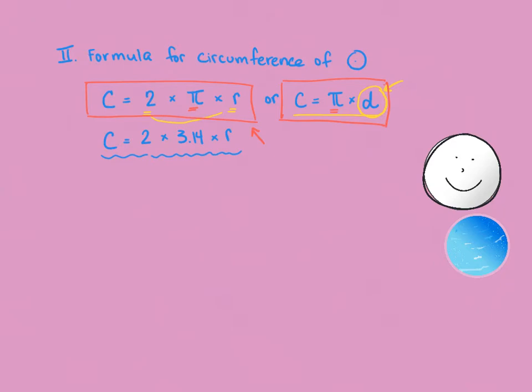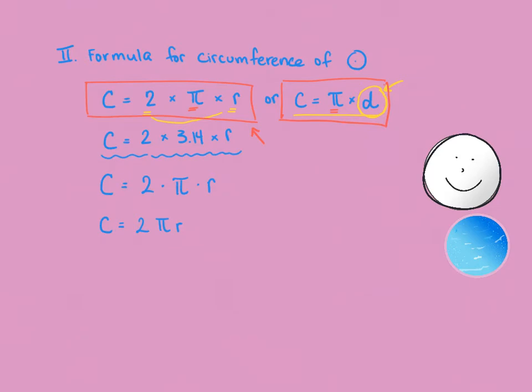I will state one more thing. There's another way of writing these formulas. You will also see it 2 times pi, which is 3.14 estimated, times r. And the way you're going to see it in high school and college is people are going to take a shortcut. They're going to say C equals 2 pi r, because you assume that there's a multiplication in between these variables and numbers.